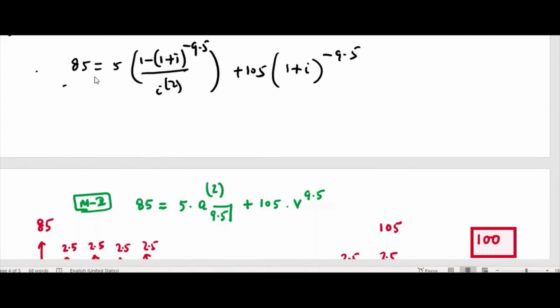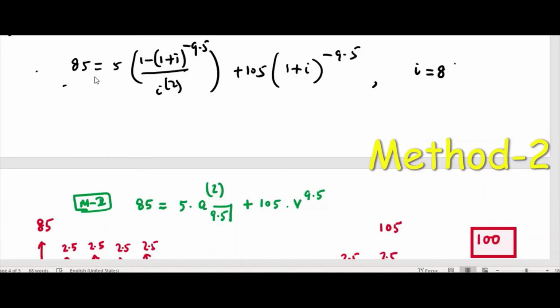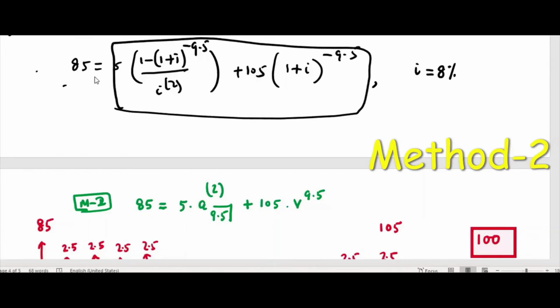So if you solve this equation directly, you get I. But for every I, suppose you start with 8% or 9% or 7%, whatever, when you calculate this side, for I 8%, you have to find this one. So when I is 8%, you have to get from actual table, or you have to calculate I2.